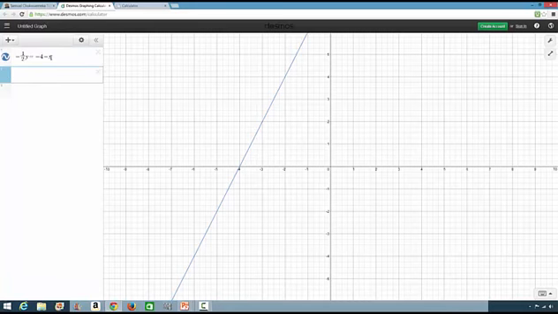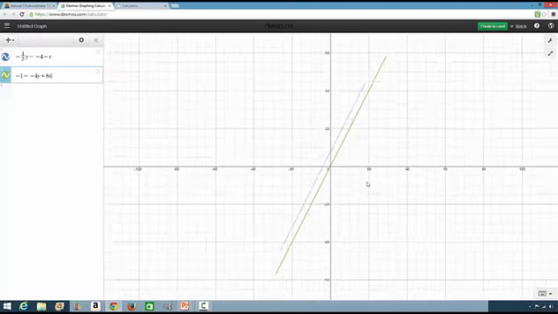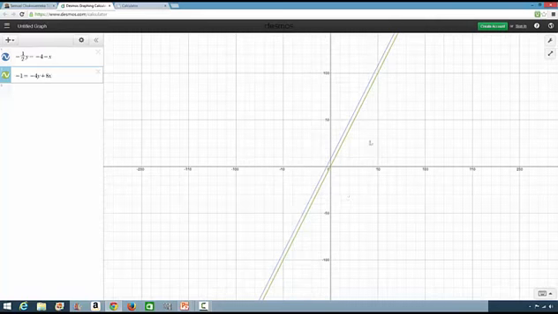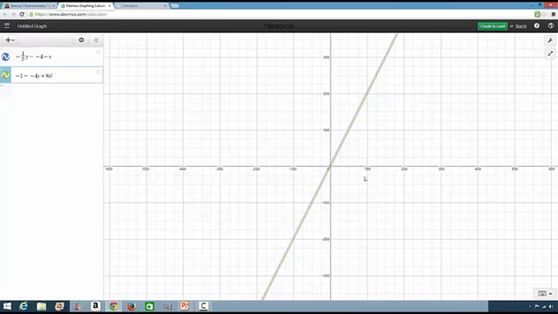That's the first one. The next one, negative 1 equal to negative 4y plus 8x. You see that it is inconsistent. Even if you pull it like this, or enlarge the scale, you still see it's inconsistent.